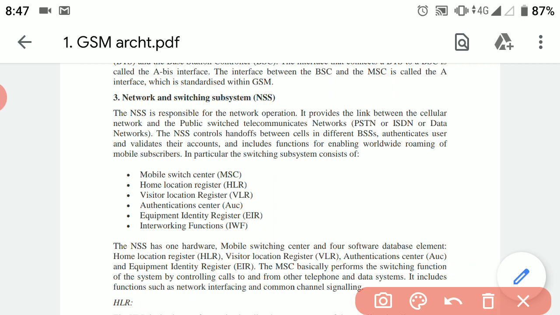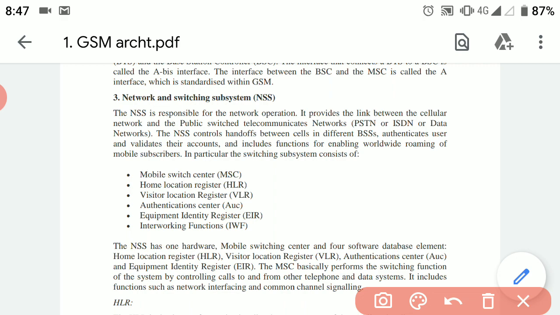MSC basically performs the switching function. It connects the call from one cellular system to another public switched telecommunication network, or from one cellular system to another cellular system. So all the switching functions are done by the MSC, by controlling calls to and from the telephone and data systems.